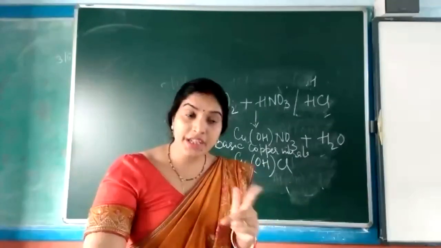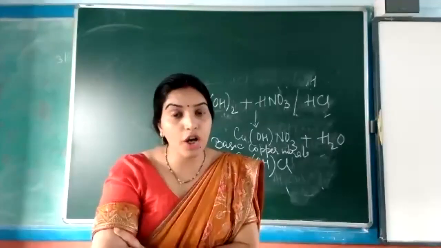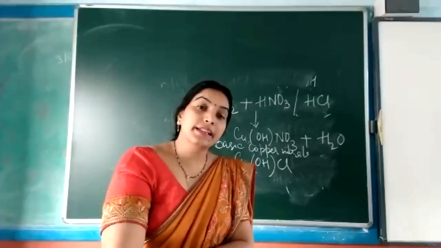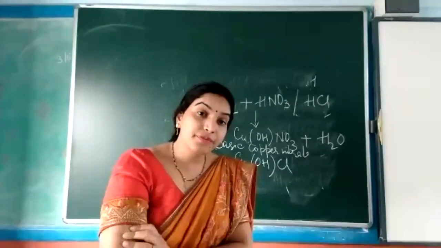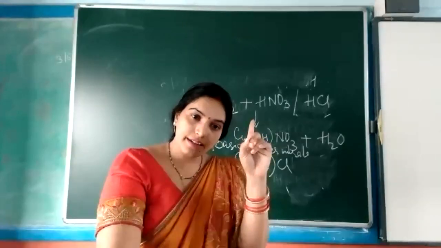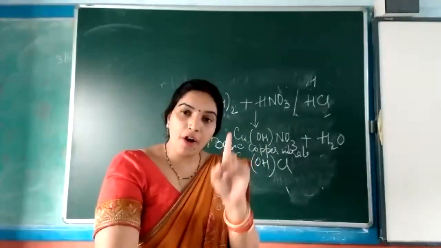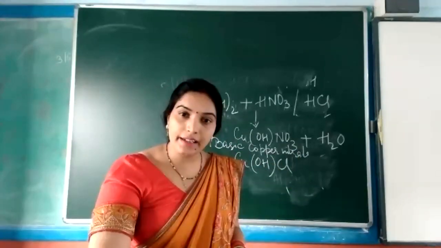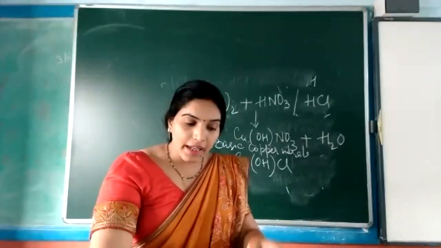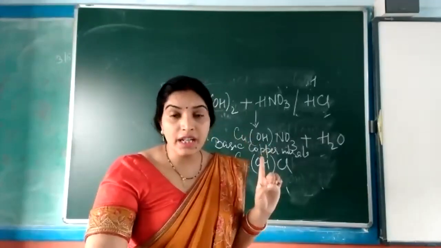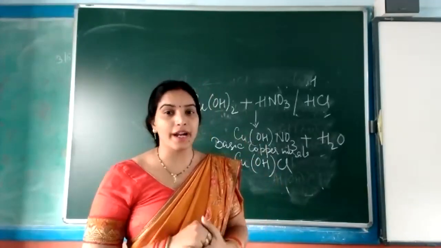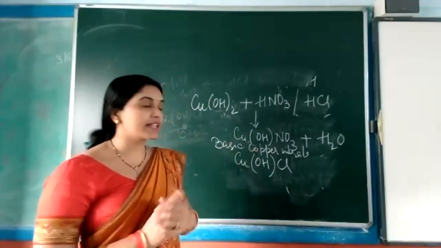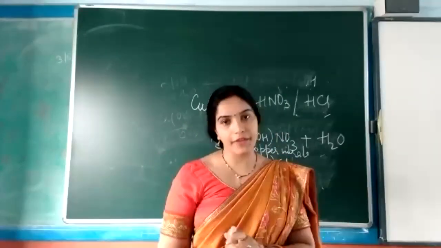Okay? The main question arises: what is the difference between normal salt and basic salt? Normal salt is formed by complete replacement of hydrogen ion, and basic salt is formed by partial replacement of hydroxyl ion. Clear? In preparation, a sufficient amount of acid and base is required for normal salt, and in case of basic salt, an insufficient amount of acid.